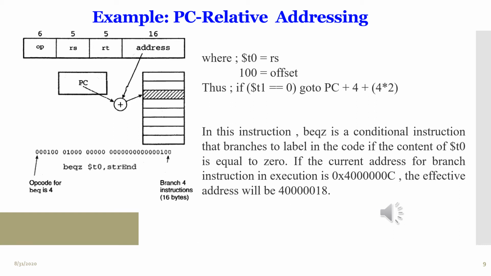If the content of $t0 is equal to 0, and the current address of the branch instruction in execution is 4000000C, the effective address will be 4000018. This is the example of PC relative addressing.